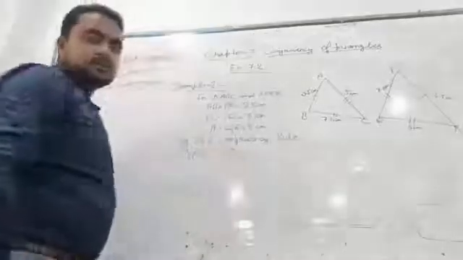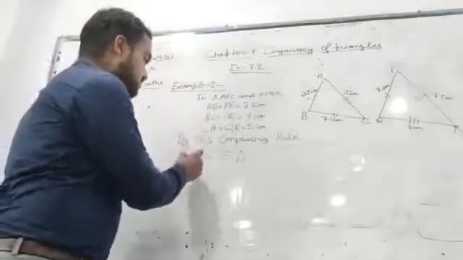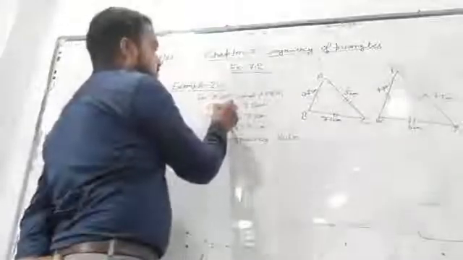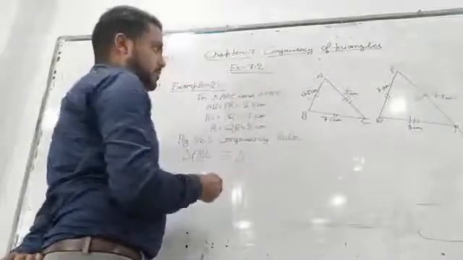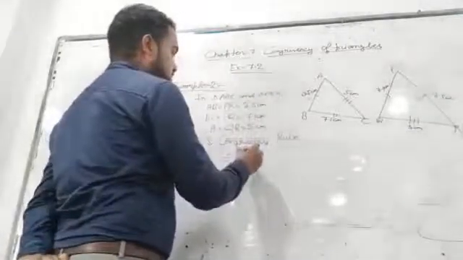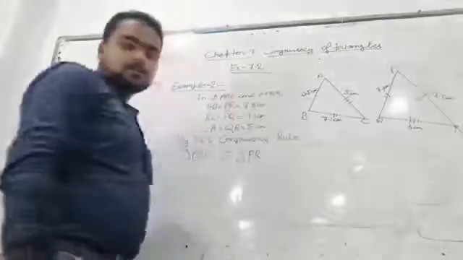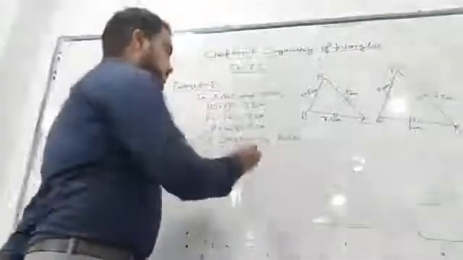triangle ABC is congruent to triangle. Now we write the corresponding parts of this triangle. Here the side AB. Which side is equals to AB in triangle PQR? It is side PR. Okay, or we can write it as RP.